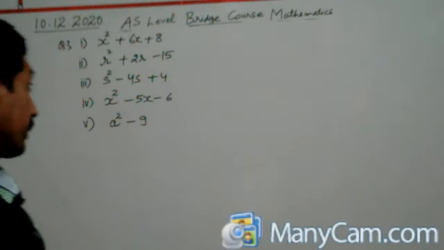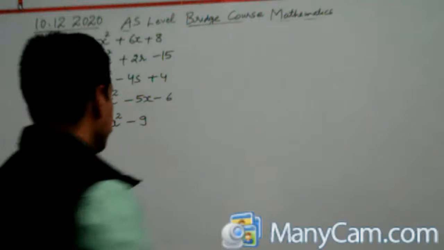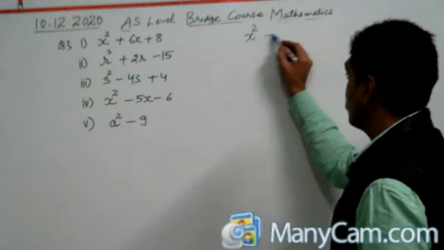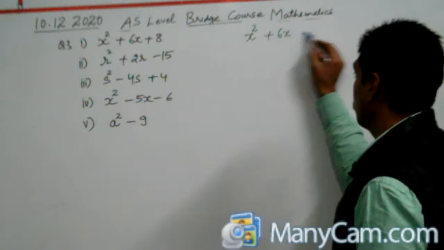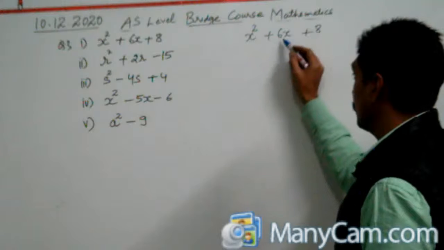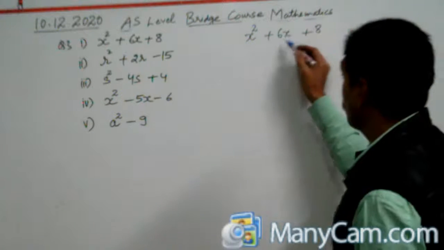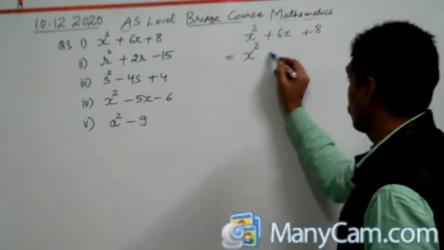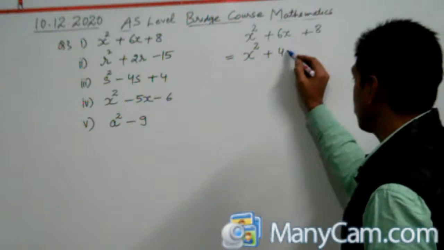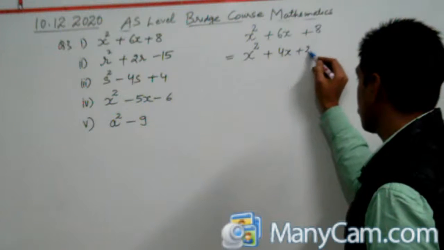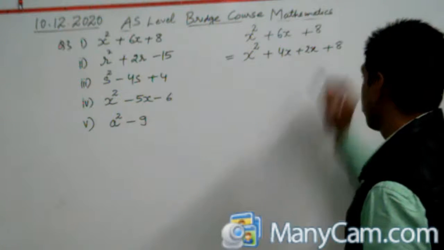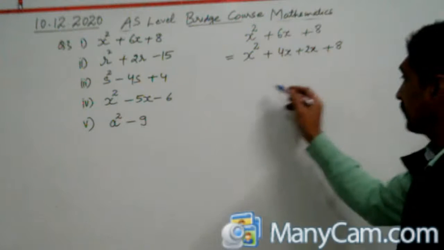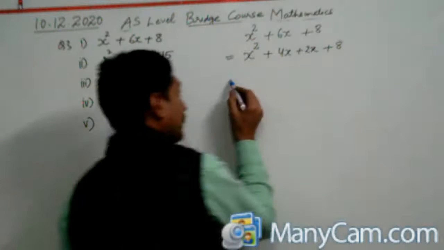Here, when we factorize x square plus 6x plus 8, we need 4 and 2. So we can write x square plus 4x plus 2x, splitting the middle term. 4 plus 2 is 6, and 4 multiplied by 2 is 8.